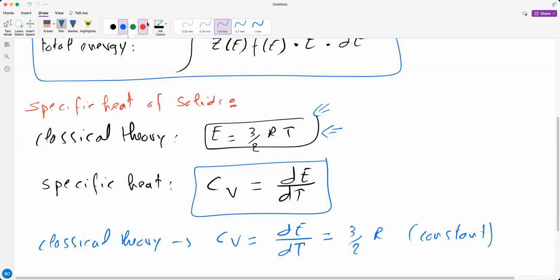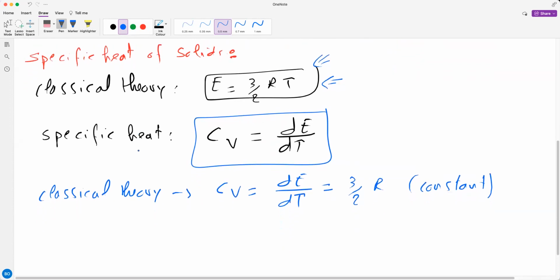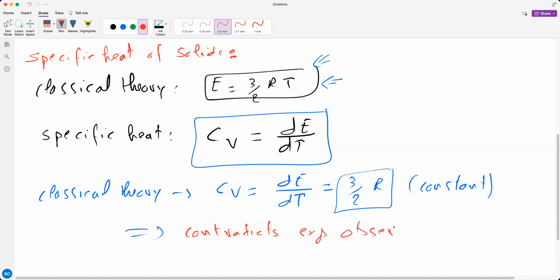This is very interesting because the classical theory tells us that the specific heat does not change and is constant as a function of the temperature. But this contradicts experimental observation. So the classical theory does not give us an explanation of the experimental behavior of the specific heat.